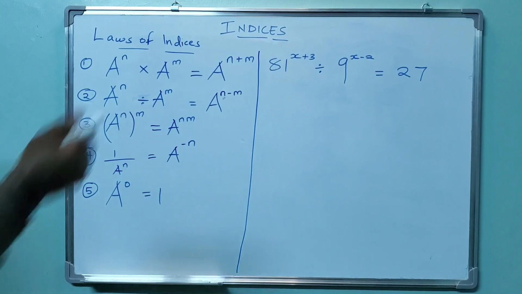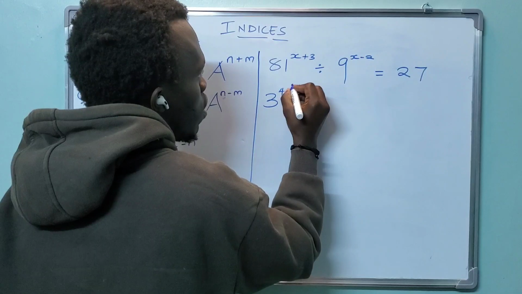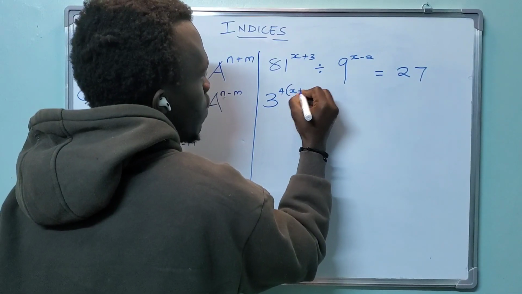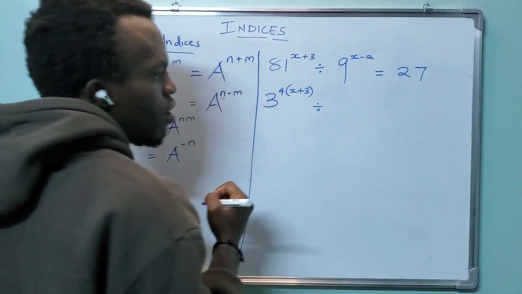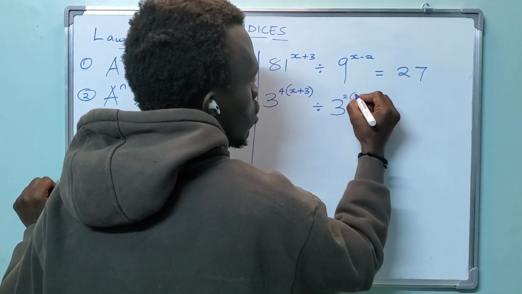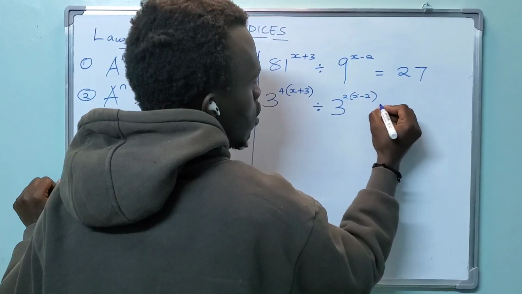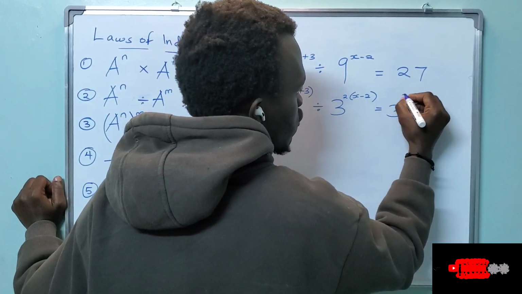So 81 is going to be 3 raised to power 4 into x plus 3, divided by 9 to base 3, which is 3 raised to power 2 into x minus 2, being equal to 27, which is 3 raised to power 3.